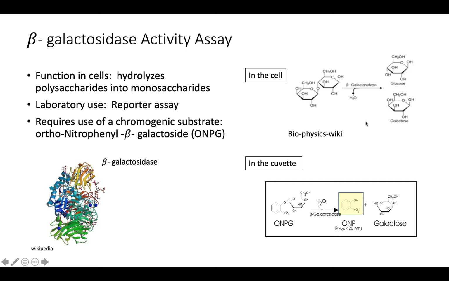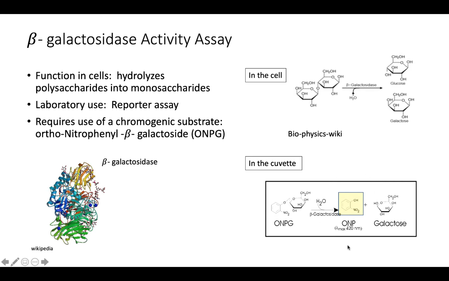In our cuvette, or in our reaction that we're working with today, we're actually taking, and again, horrible pronunciation, orthonitrophenol beta-galactoside into galactose, and it is being catalyzed by your beta-galactosidase. In this reaction, as beta-galactosidase converts it to the ONP and the galactose, your ONP can be measured.